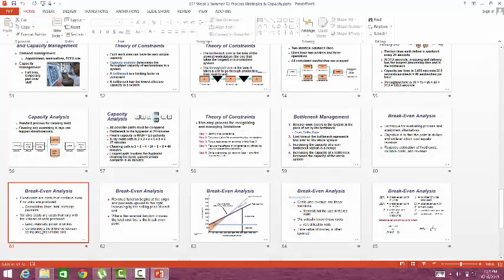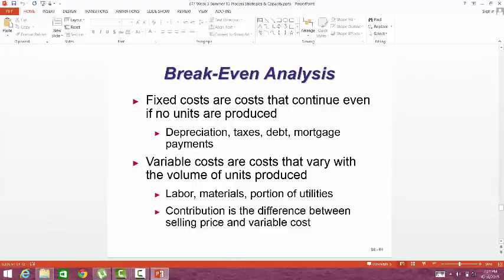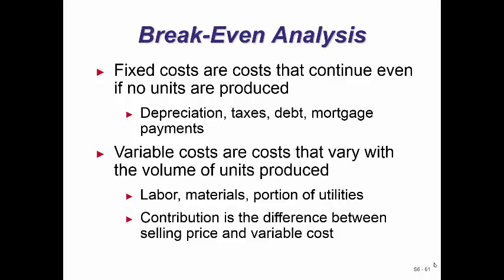Break-even analysis. This is what I was getting to with the hotel example where I was talking about economies and diseconomies of scale. If you've got a hotel, there are certain items, depreciation, taxes, debt, mortgage payments, all that stuff on the hotel. Those are going to be fixed costs.